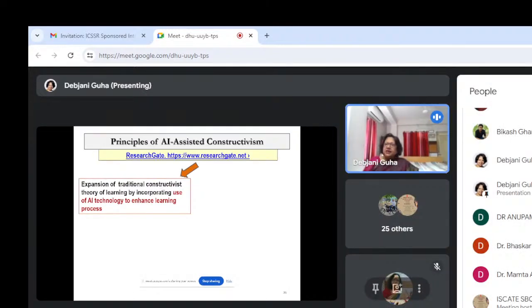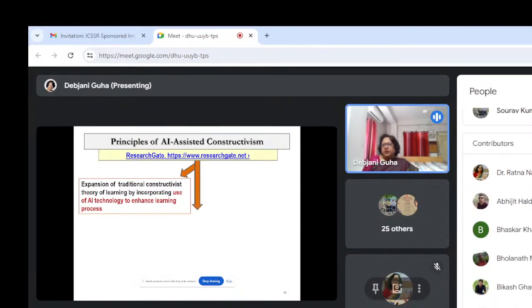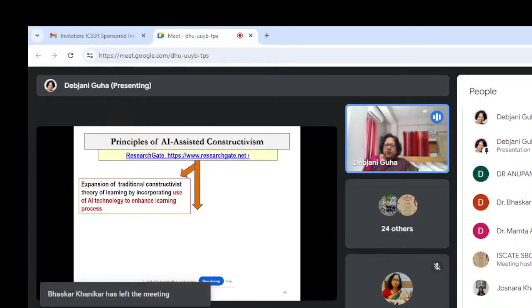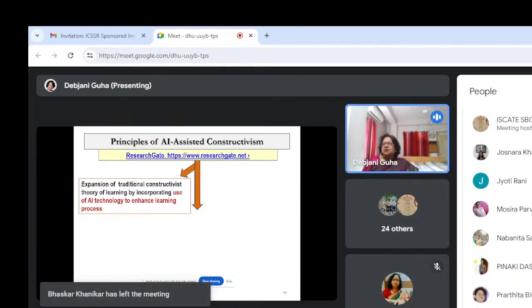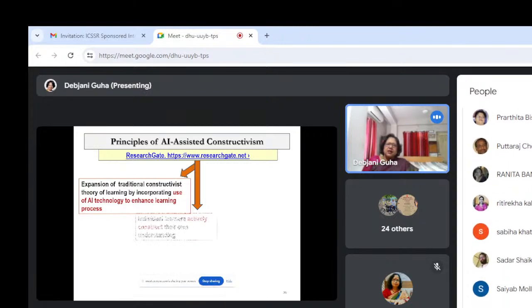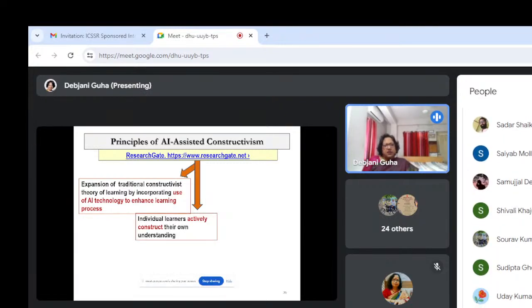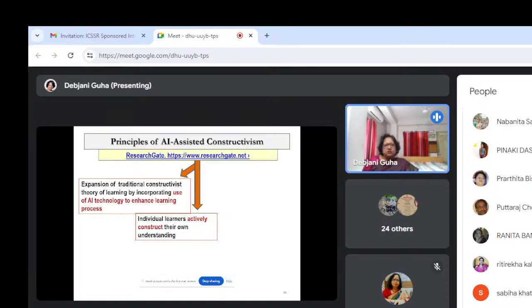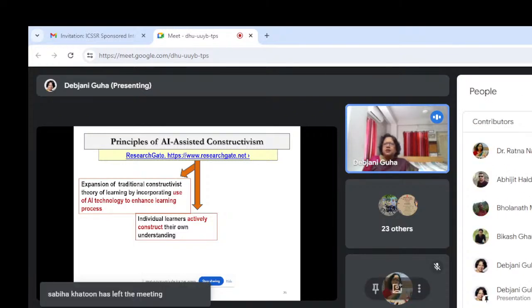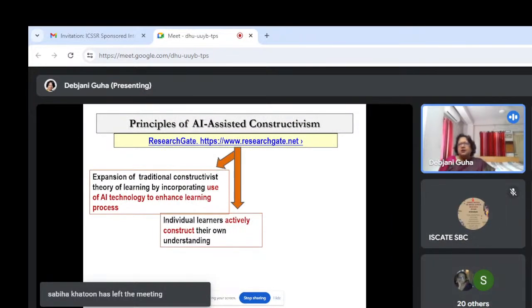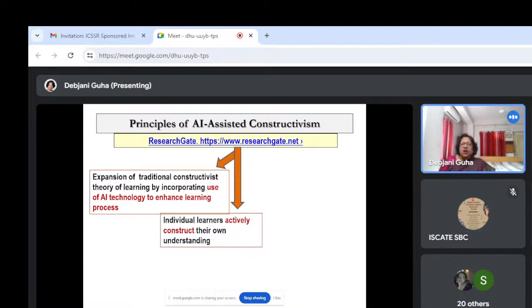Secondly, both the traditional constructivist theory and AI-assisted constructivist theory state that learning is an active process in which individual learners construct their own understanding, as I have already told, with experience and interaction with others. And both theories emphasize the importance of hands-on and experiential learning of the learner.